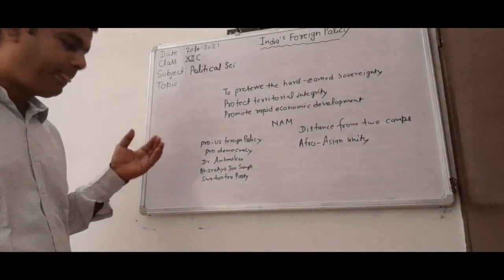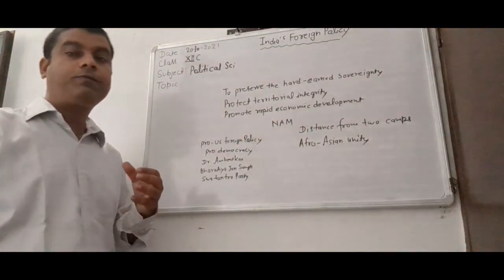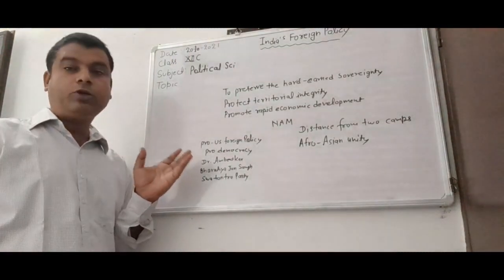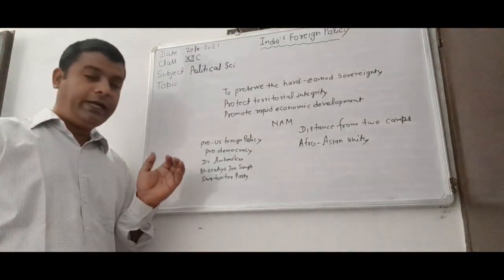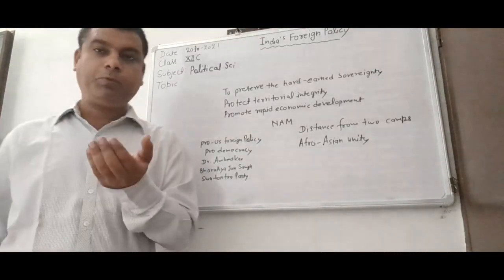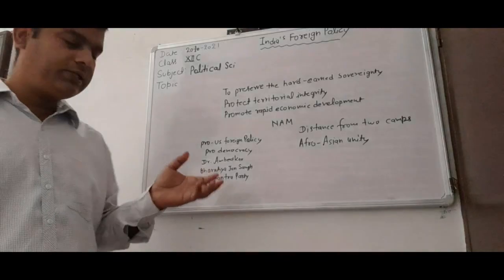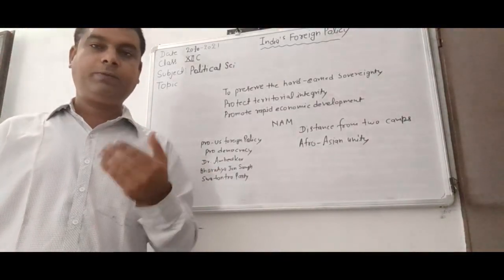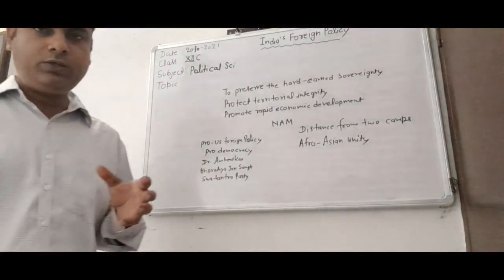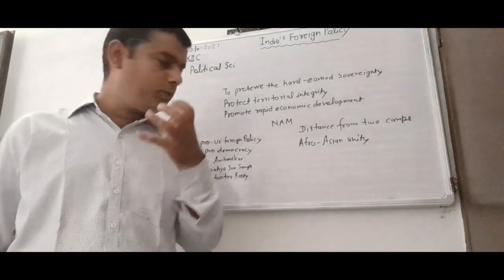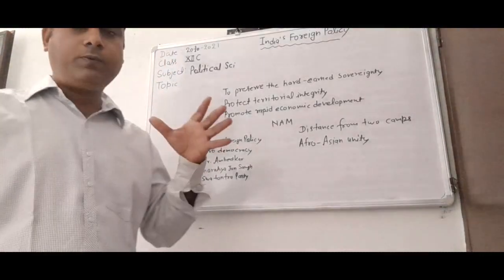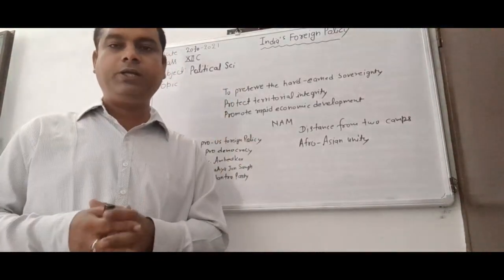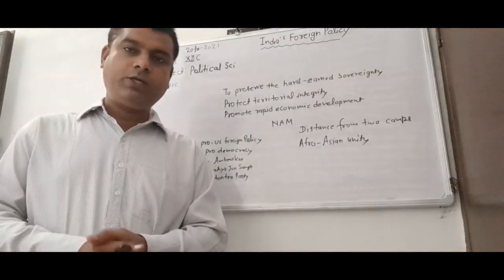Our prominent leader of that time, like Dr. Bhimrao Ambedkar, and the important political party Bharatiya Jana Sangh, and later the Swatantra Party, were also for the pro-US foreign policy. India should follow the US.